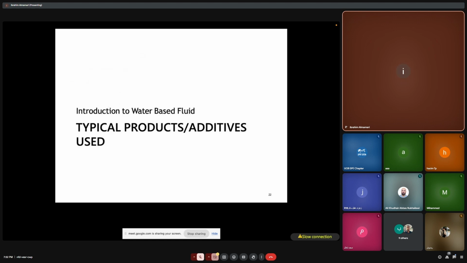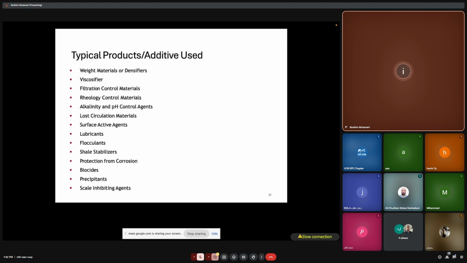So here are the additives used in the fluids: weight material, viscosifier, filtration control material, rheology control, lost circulation material.